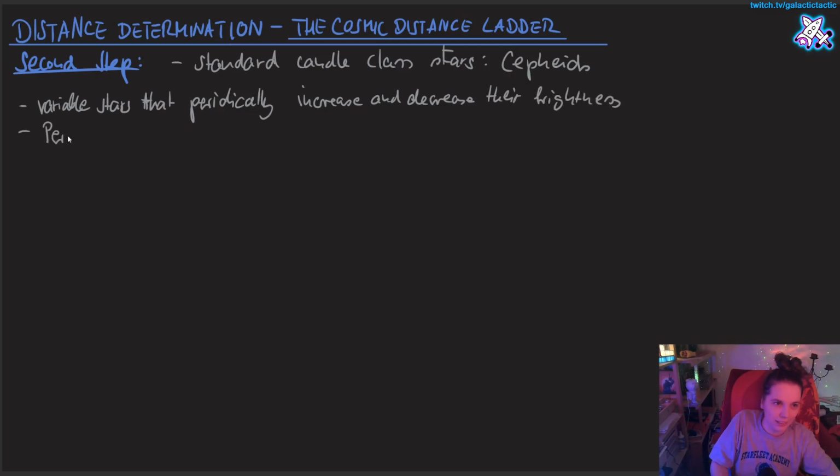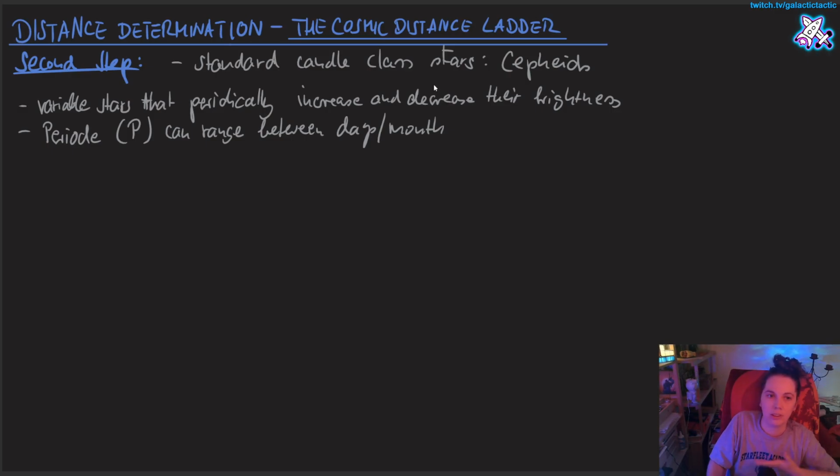The period, which we note as P, can range between days or months, depending on the intrinsic brightness, the luminosity of the star.